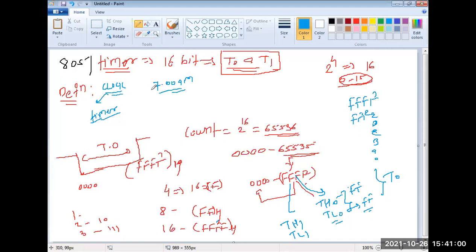It starts counting from that value, and when it reaches exactly that point, 7, what happens? The count value is over. At that time it raises the flag. After raising the flag, it sounds the alarm. We give it a music or connect a sound system to it so that it sounds a siren.